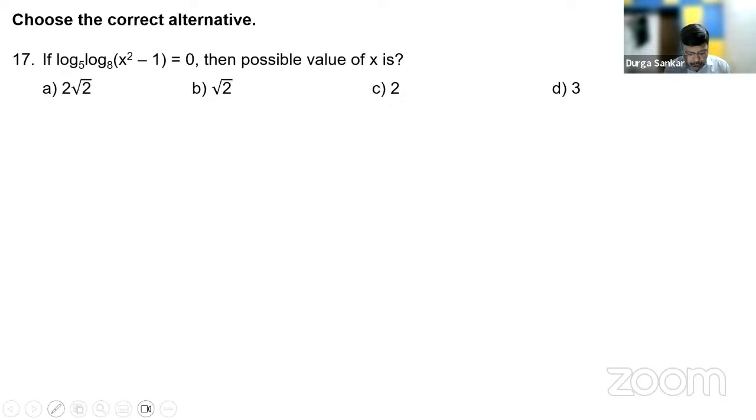Now, if I want to solve it directly, log base 5 of log x square minus 1 base 8 is equal to 0. Now, the value that I am enclosing in a box, suppose I say is equal to k.